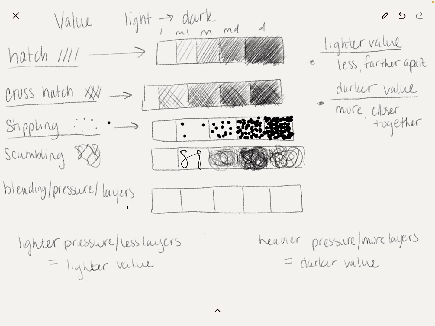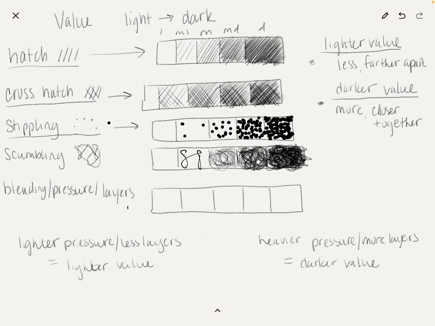And it's kind of a controlled scribble. You'll realize that as you go, you'll develop your own method of scribbling. You'll probably figure out a rhythm, and you'll notice that you start to make the same marks over and over again. So that is scumbling.